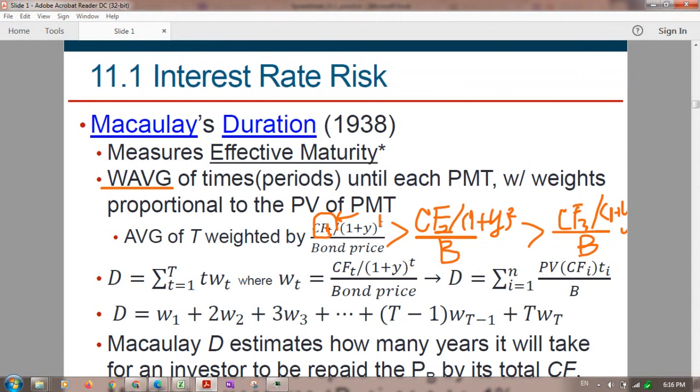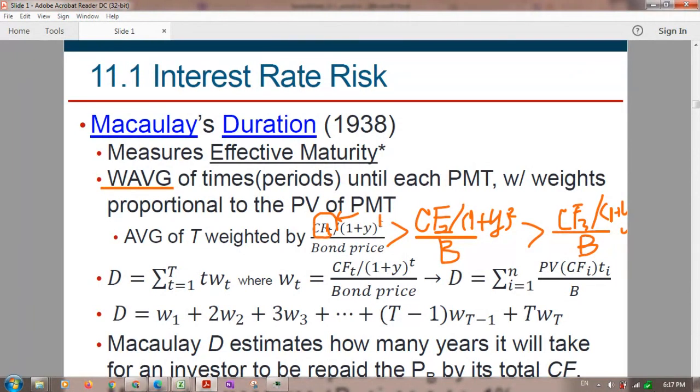So you have pretty much recouped most of your initial investment early on. It doesn't have to take 10 years. Maybe by year 7, you have sufficiently recovered your initial investment. So that's called duration.